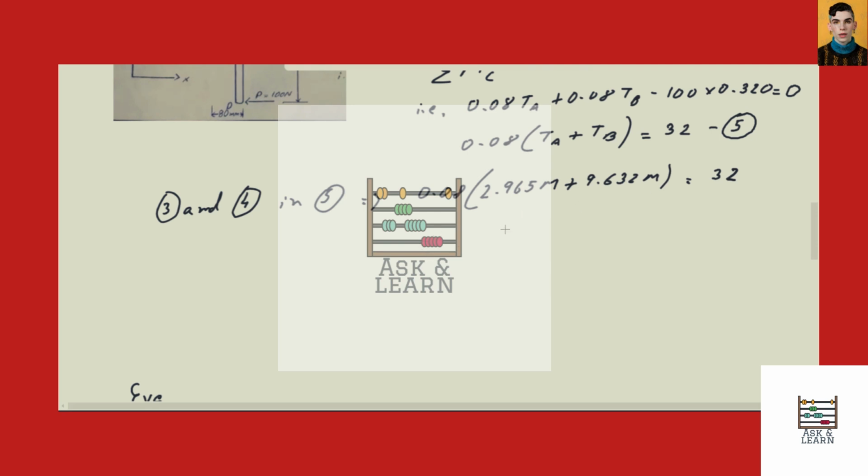Let's solve this and we will get 1.007 M equal to 32. That is M equal to 32 divided by 1.007. That gives us 31.7535 Newton meter. So we got the value of M.